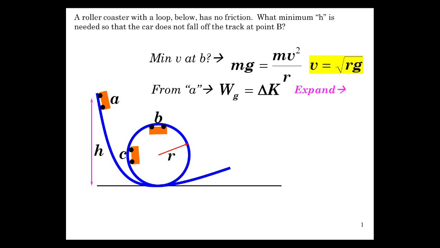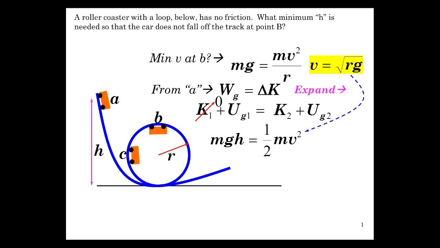So expanding this energy condition at position 1, which will be A, K1 plus UG1 is K2 plus UG2, position 2 being at B. So it's not moving at A, so we can cross K1 out, and then solve for mgh at position 1. h is what we're looking for, equals 1/2 mv squared. And we already solved for v, so we can plug that in for v squared, plus mg. At position 2, our height is 2r off the ground, which is our reference point.